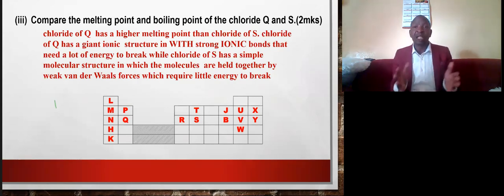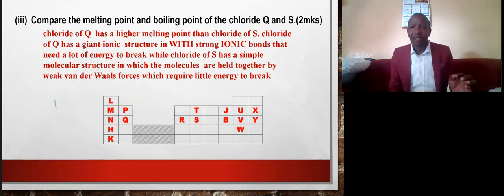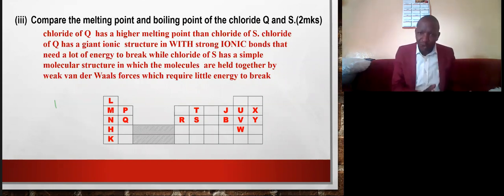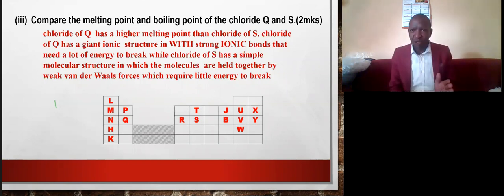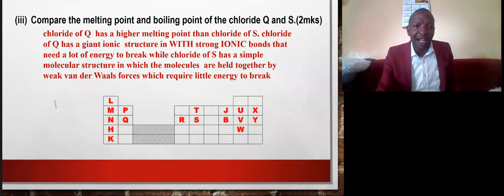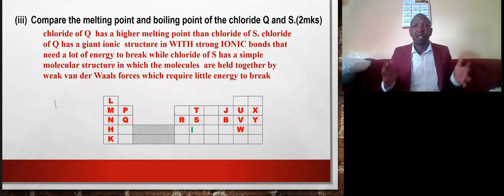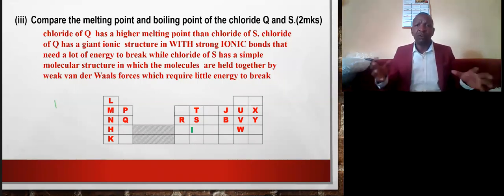Yes, see what I'm saying? Nasema hivi: as long as this element ni non-metal, ama ni compound ya non-metal, na umeambiwa to compare the bond, ujue that is simple molecular structure, if it is not silicon, silicon 4 oxide, diamond, or graphite.